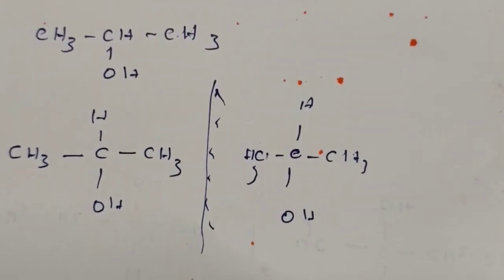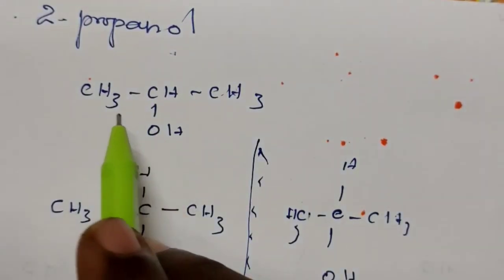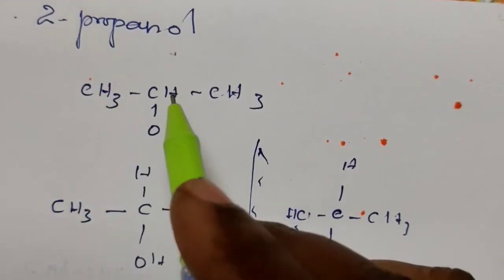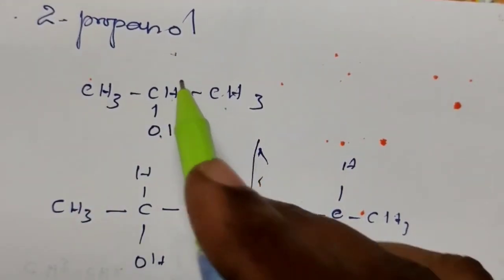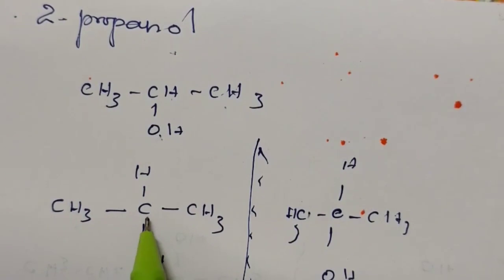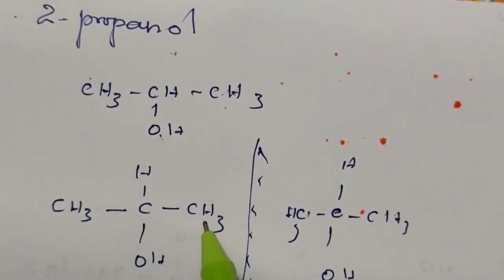Consider another example, 2-propanol. The formula for 2-propanol is CH3CHOHCH3. If you draw the structure, there is a central carbon with CH3 on one side, CH3 on the other side, and H and OH. The central carbon atom is not surrounded by four different groups, so it is not an asymmetric carbon.